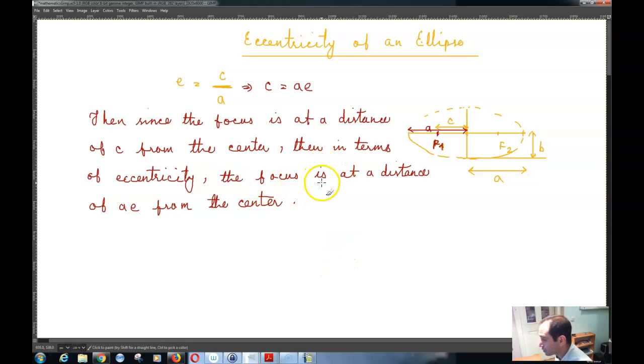Of course, they need some time sometimes. So this over here is all. It's just a definition, which is called the eccentricity of an ellipse.